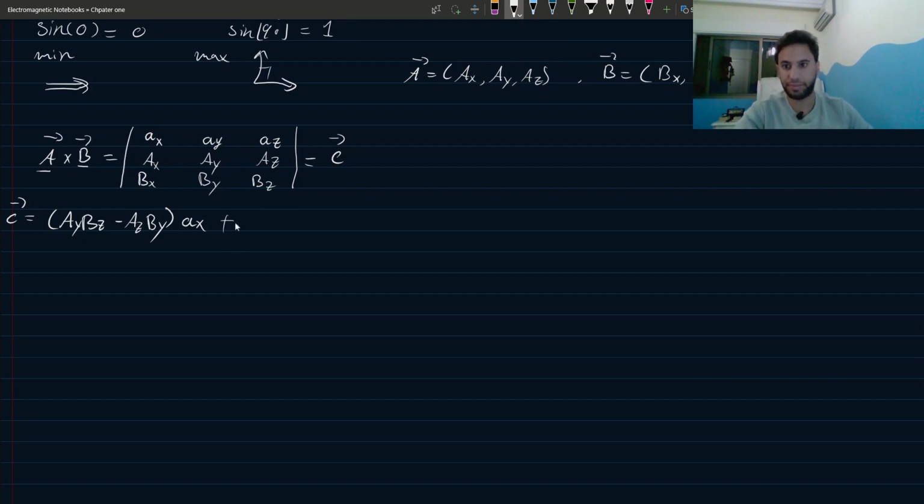Plus, you open a second parentheses and you write ay, because that's the second unit vector. You find ay here and you cross it horizontally and you cross it vertically. And then you go to the right of it. You find az.